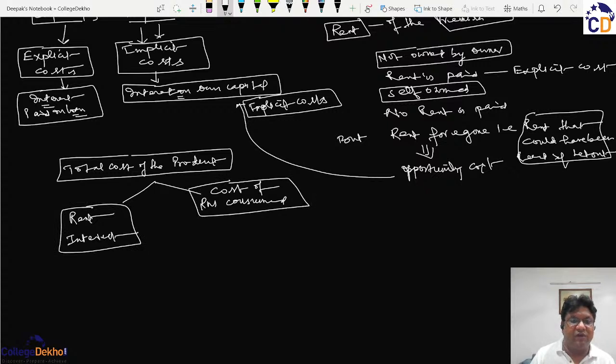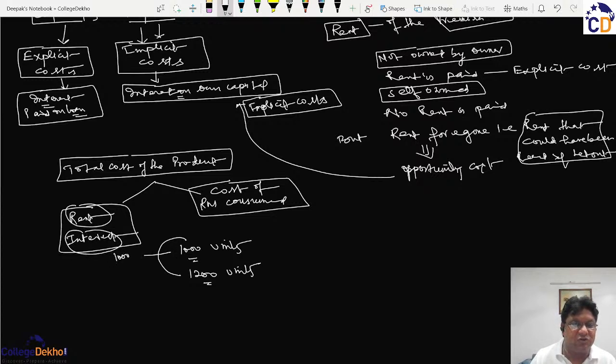How? If the company is in the process of making 1000 units, and due to the increased demand the output increases to 1200 units, which can be produced within the available premises and with no extra funding required, then the rent, which in the earlier case was say 10,000 rupees, and the interest, which was 5,000 rupees, will remain 10,000 and 5,000 even after the increase in production.